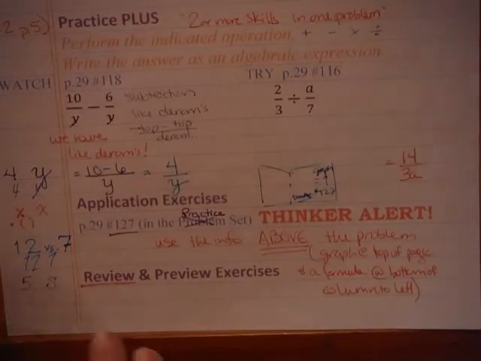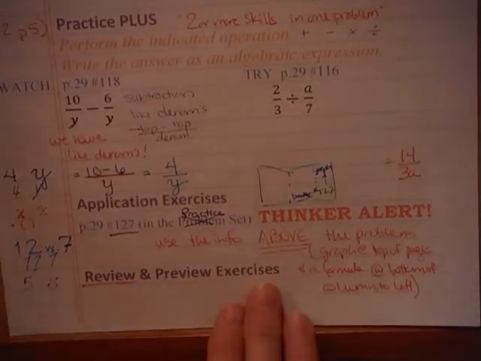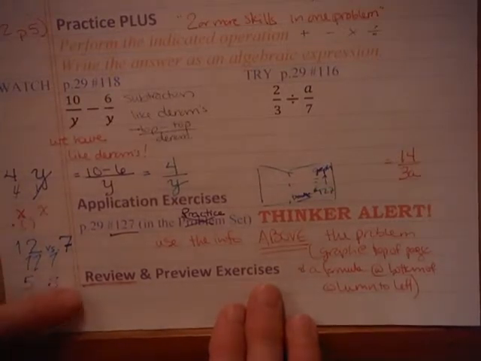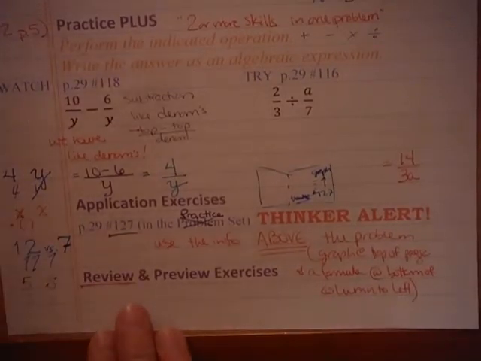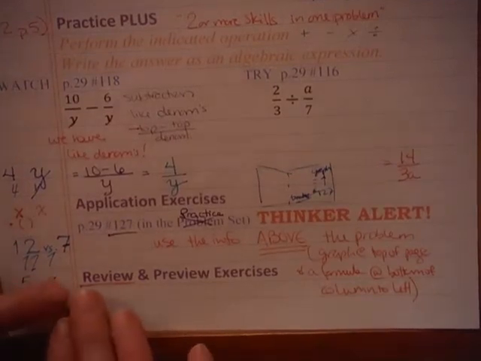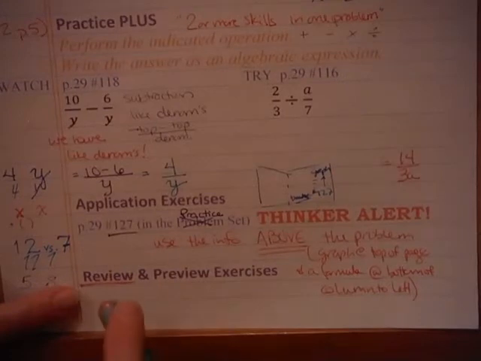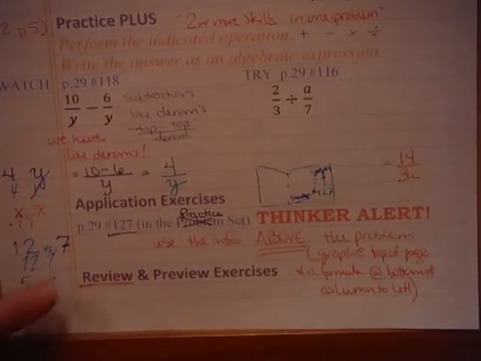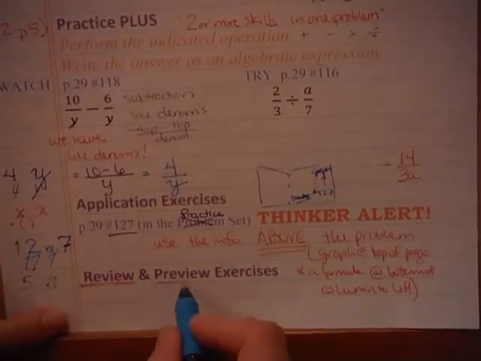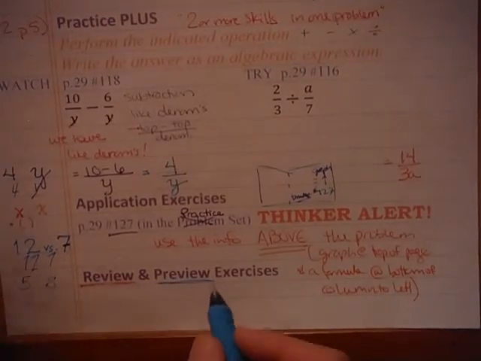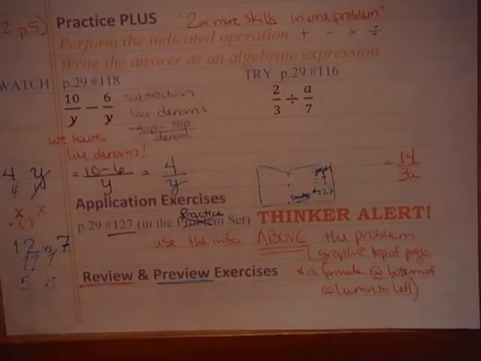But sometimes you can get so much coming at you, and that's definitely the case in a college pace course. You've got a lot of information in a short amount of time. Some of that information can get rusty if you don't keep using it and coming back to it. So we assign some of the review and the preview exercises. In the review, you'll get to look back and try some ones before that we've done. And then in the preview, it walks you through a couple examples that help get you ready for the next section.